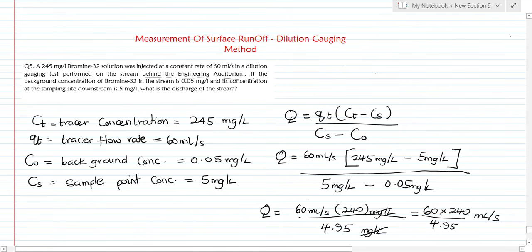Evaluating this, our discharge will be equal to 2909.091 milliliters per second. And so my Q will be equal to 2.90, or 2.91, liters per second.